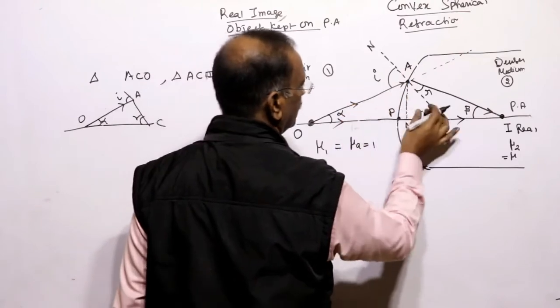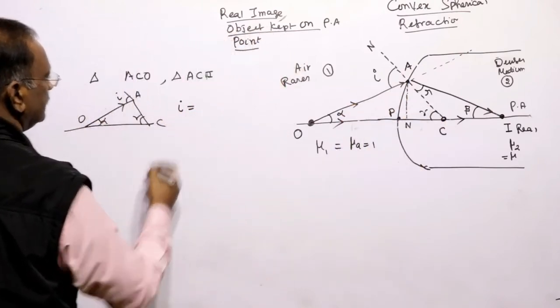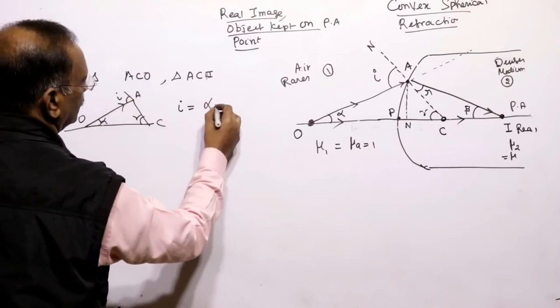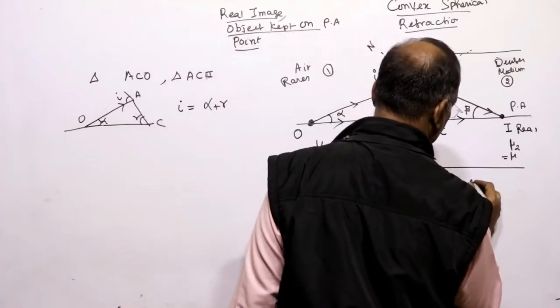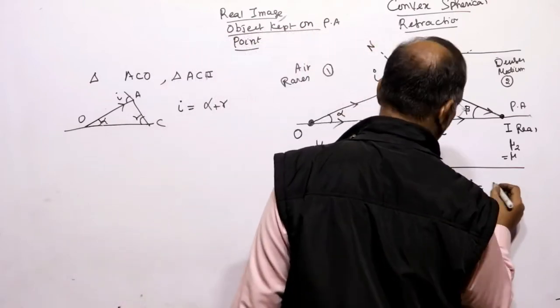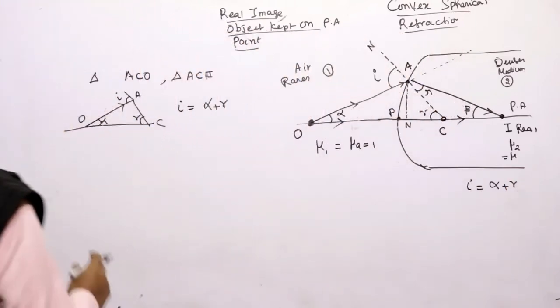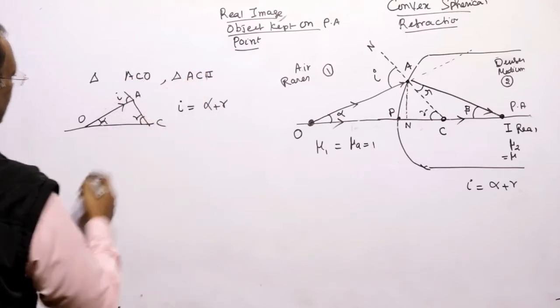It means this is the external angle. The external angle is equal to the sum of the opposite interior angles, alpha plus gamma. So we can say I is equal to alpha plus gamma.